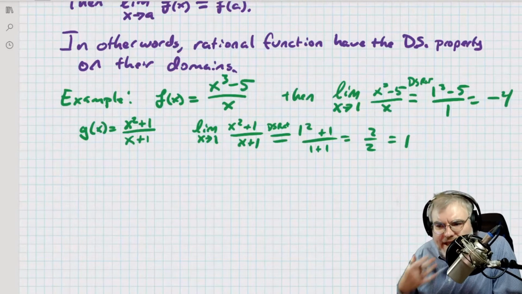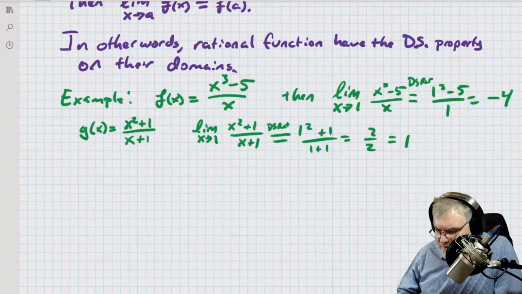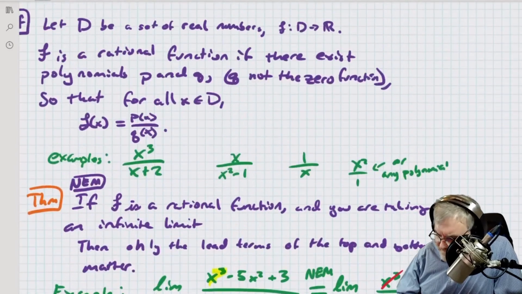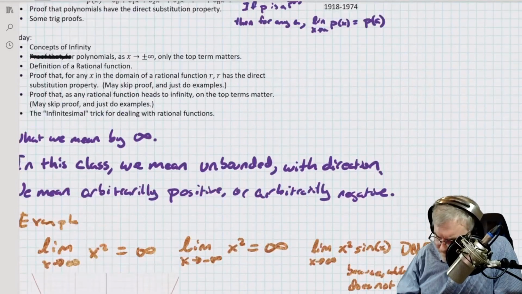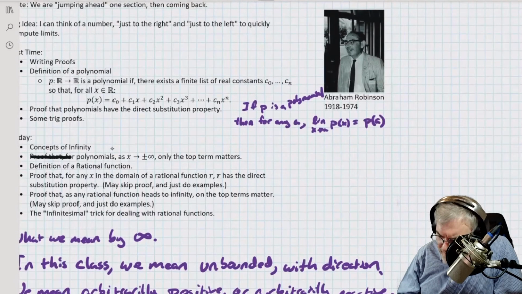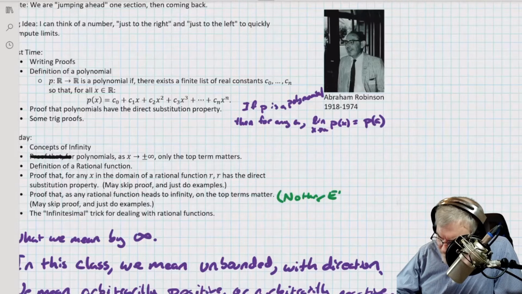Of course, now how do we deal with a's that are outside the domain in rational functions? And this is kind of the meat. We've dealt with concepts of infinity. We've dealt with nothing else matters for polynomials. We've dealt with the rational functions. So this is nothing else matters. This is DS rat.